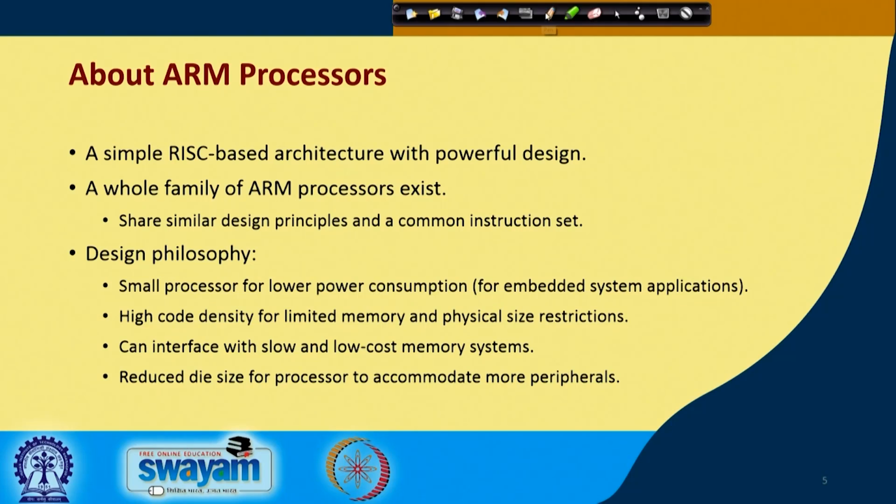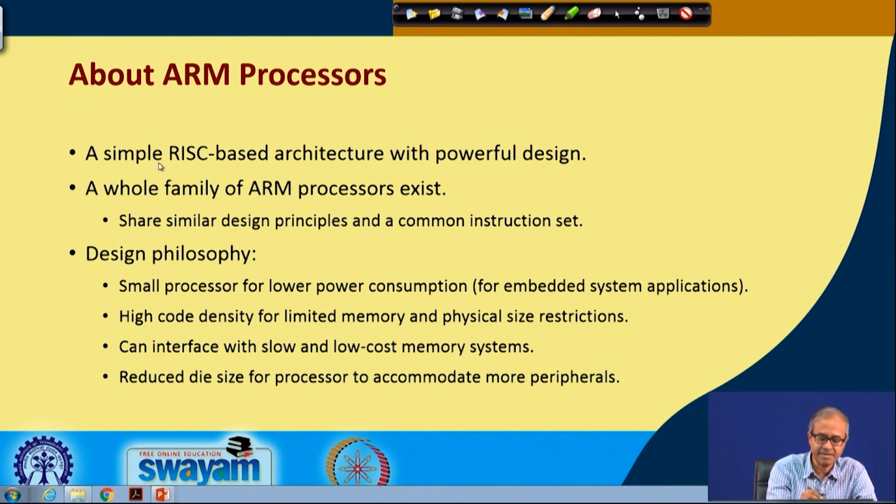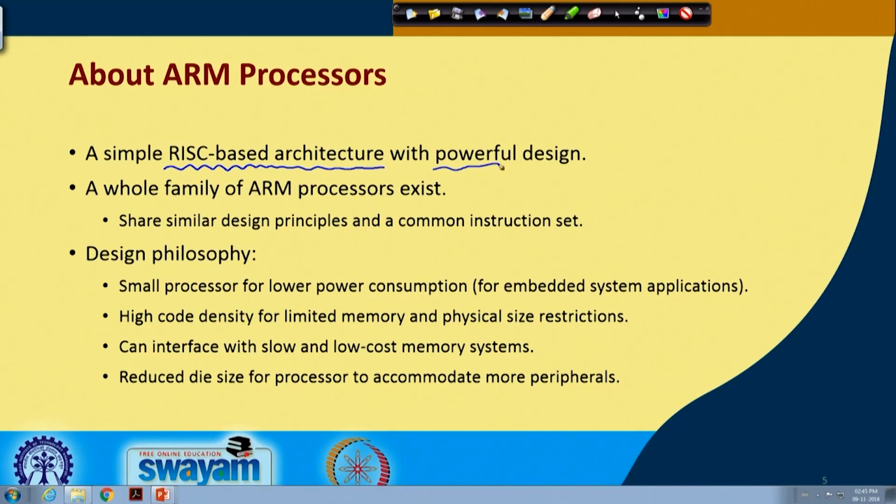Now, talking about the ARM processors, there are some very interesting features. Let us look at some of the notable features one by one. First thing is that it is essentially a reduced instruction set computer based architecture. Now, we shall go into some detail what a RISC architecture is, and the design is pretty powerful.